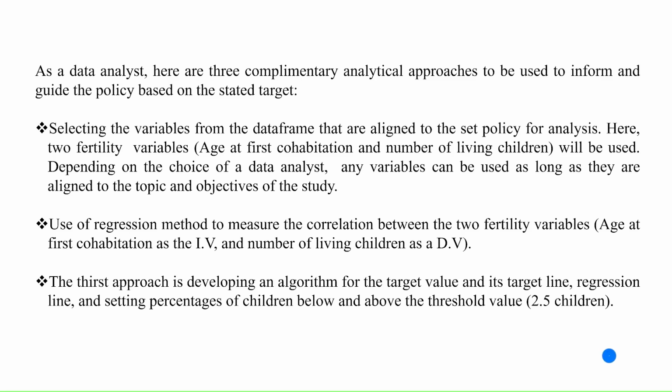Therefore, the approaches are not limited to these outlined here. Depending on the choice of a data analyst, there are other analytical approaches that can be employed to inform this kind of policy. Let's enjoy a short break and then get back to the analytical part.